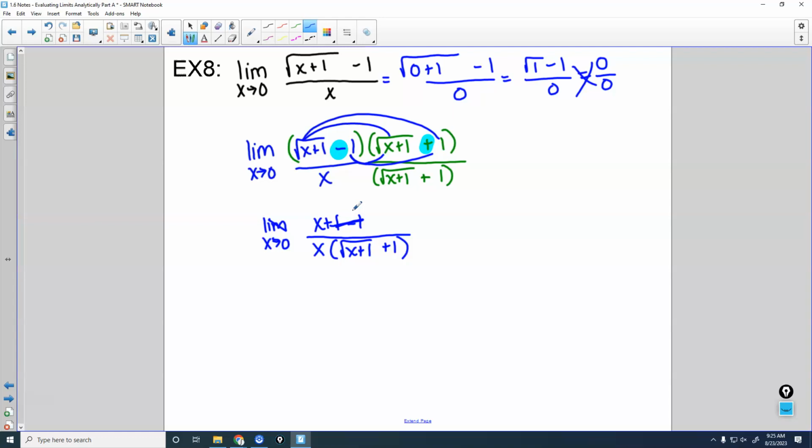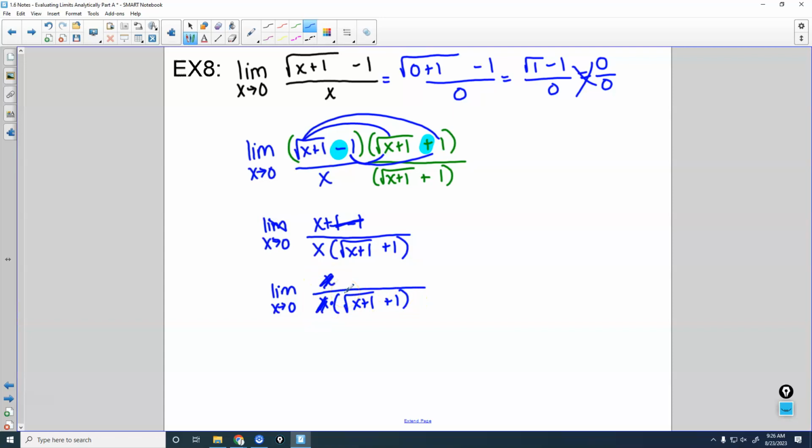So I have to cancel out the ones first, and I'm going to write it as a separate step, but if you don't, it's not going to matter that much. Now, I just have an x on top and an x on bottom. That x is multiplied by this stuff, so I can just cancel those.